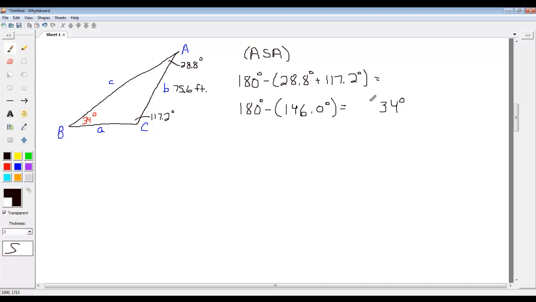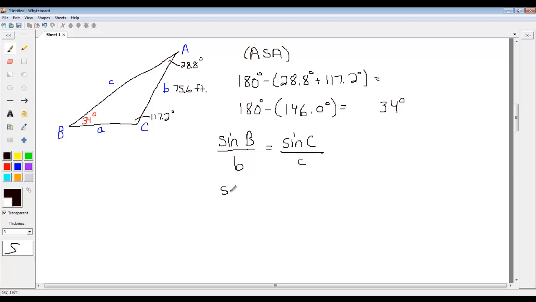Alright. Now if I know angle B and side B, I can take sine of B over B, or if you'd rather, you can do side B over sine B. You can flip it over. And then I can pick either one. I can either pick A or C and work with it. So let's say I pick C. I could do sine C over little c.